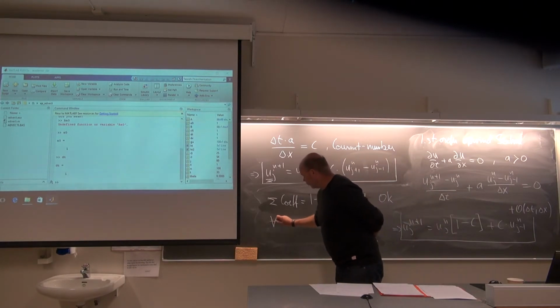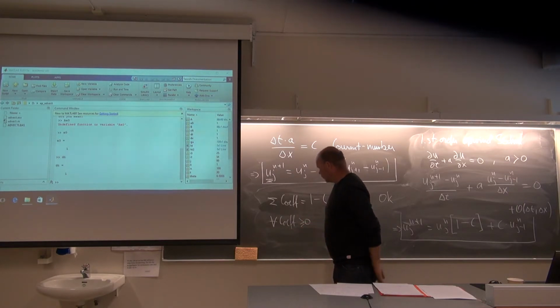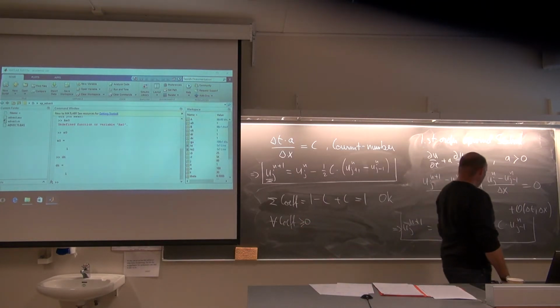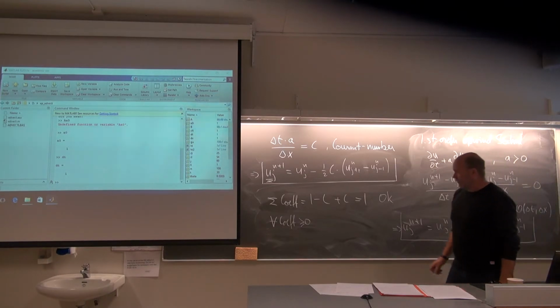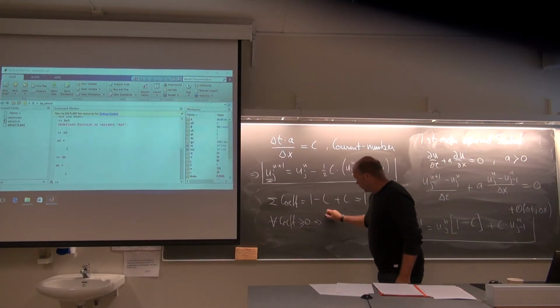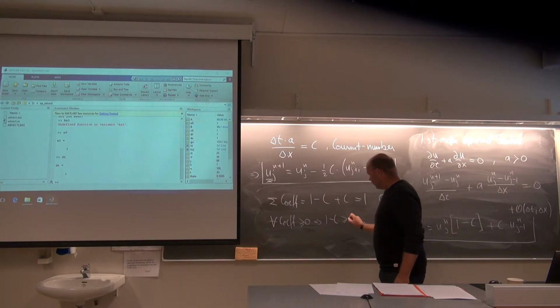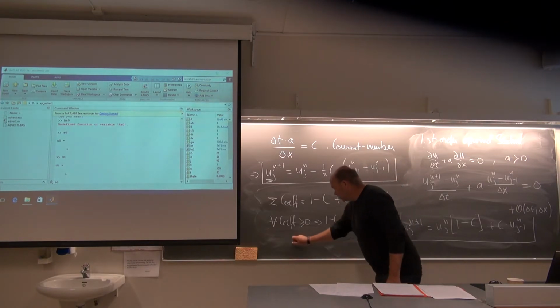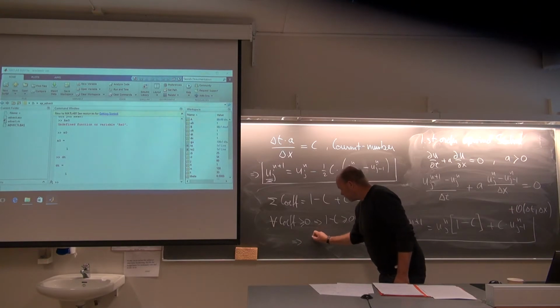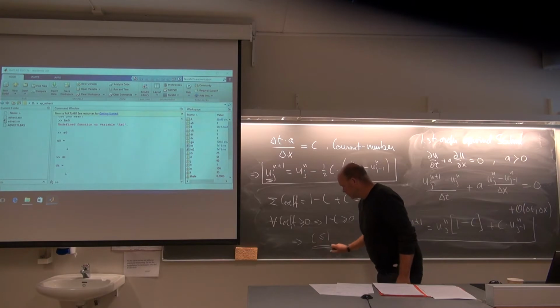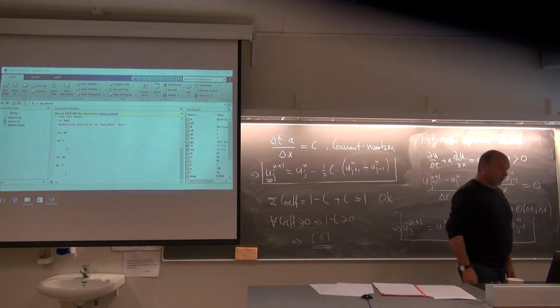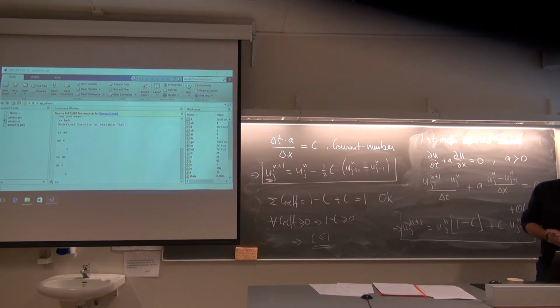Next, all coefficients must be positive or equal to 0. But for this coefficient, that's not a problem. But here you see 1 minus c has to be positive. So the demand will be 1 minus c should be positive. In other words, you get the Courant-Friedrichs-Lewy condition back. C must be smaller or equal to 1. So now we are back with the CFL condition.